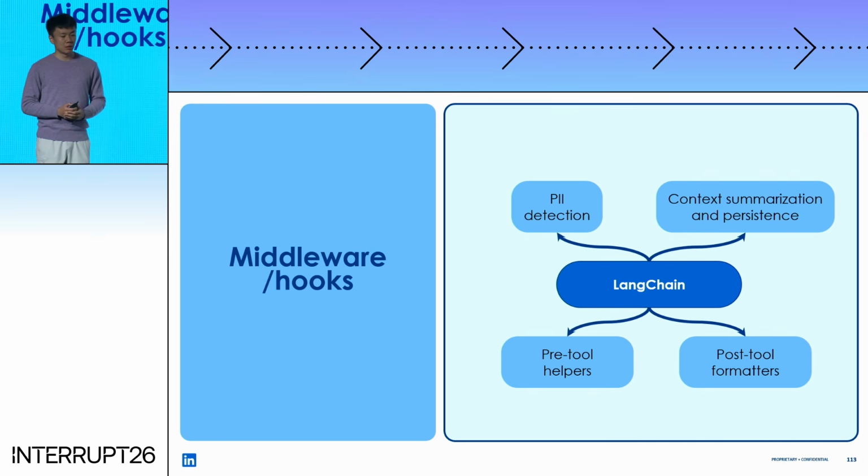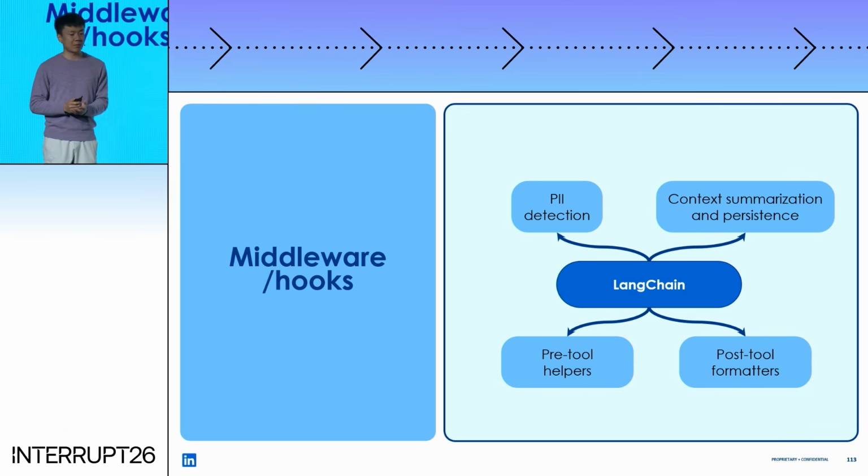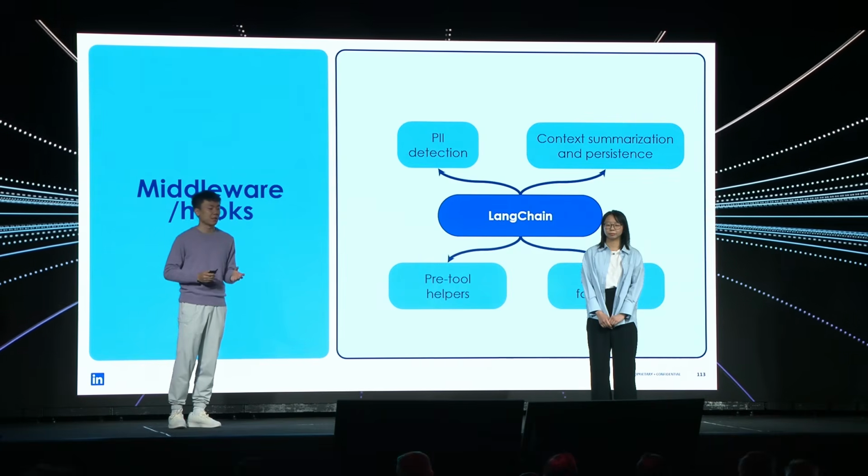Middleware and hooks: LangChain has such good stuff. LinkedIn has already integrated to some extent, for example, PII detection, context summarization, and persistence. I know Deep Agent has already done this as well. And pre-tool helpers and post-tool formatters ensure some determinism that we really want in our agent, and I'll talk about it a little bit later in our lessons learned.